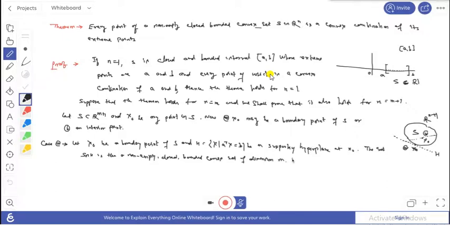So by hypothesis, every point of this intersection set is a convex combination of extreme points, because we assume that this is true for dimension m. So this is true for extreme points.